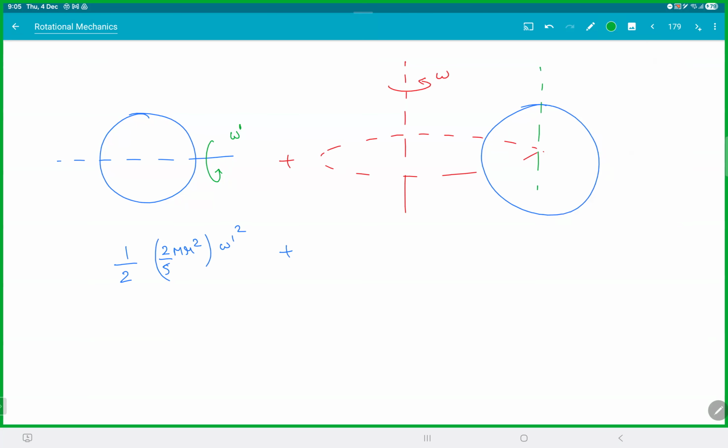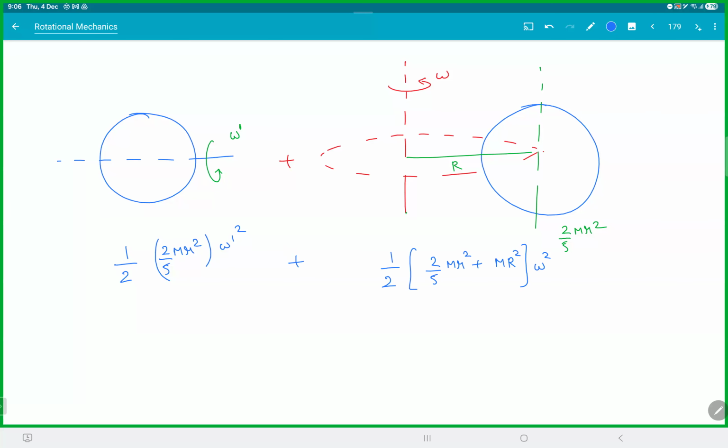Moment of inertia about the center will be 2 by 5 m small r square. This distance is capital R, so you have to use the parallel axis theorem. This will be half of 2 by 5 m r square plus m capital R square, into omega square. That's the kinetic energy of that revolution.